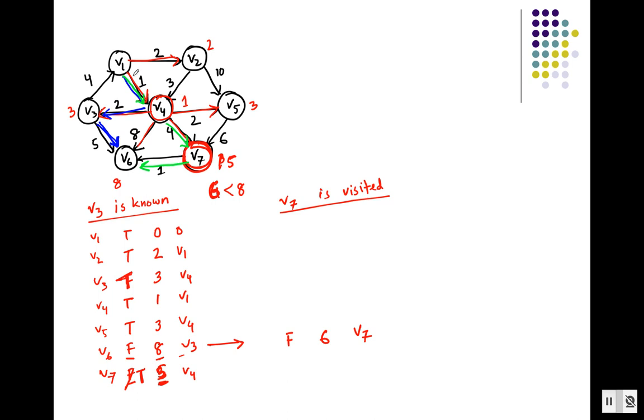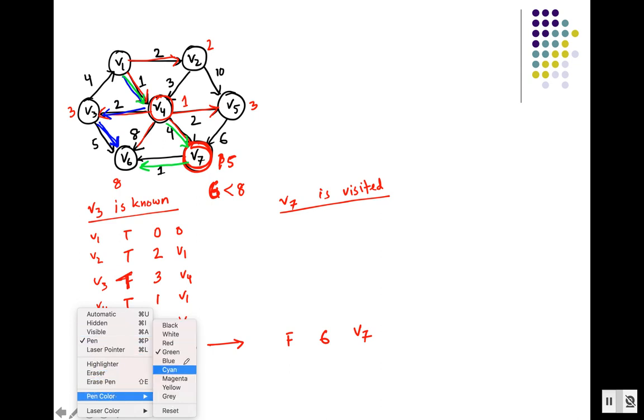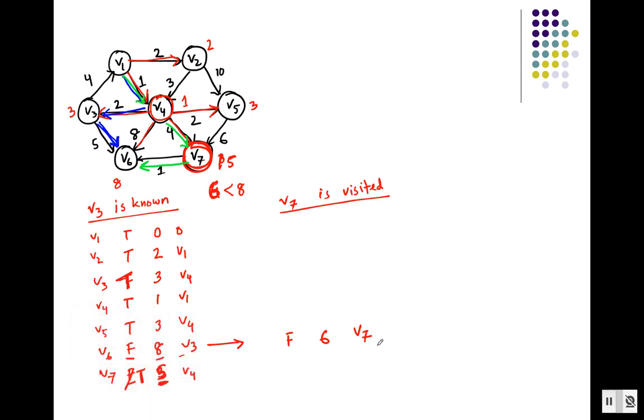It will take the distance 1, 4, 5, 6. And from v7, can we go anywhere else? Looks like not, so this is the only update we are going to do.